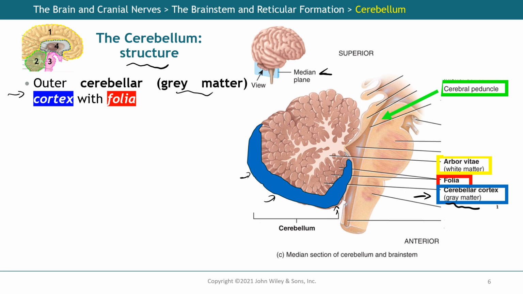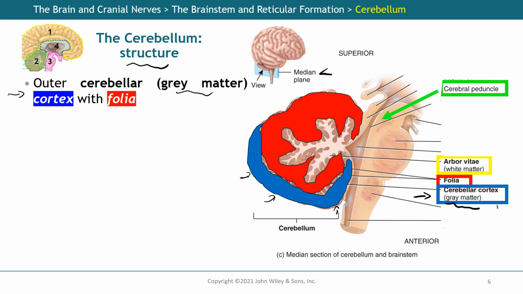In addition to that, inside you will see these structures, the folia, that look like leaves. Here you will find in red the folia, and there you will have gray matter combined with a little bit of white matter too. And inside you will have this white matter.